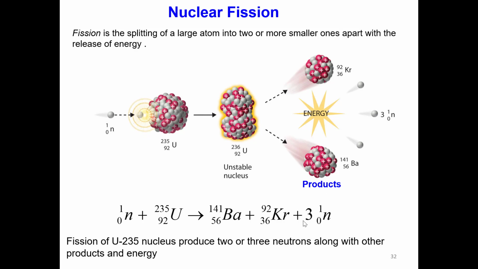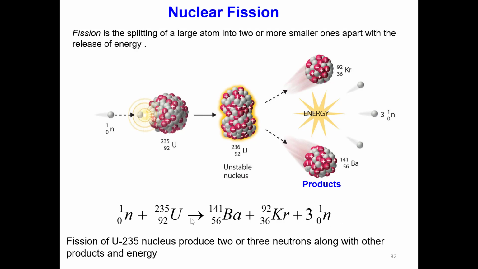On the product side we had the krypton isotope, the barium isotope plus 3 neutrons. One way we can identify a nuclear fission reaction equation is that we always have one neutron on the reactant side and 3 neutrons on the product side.